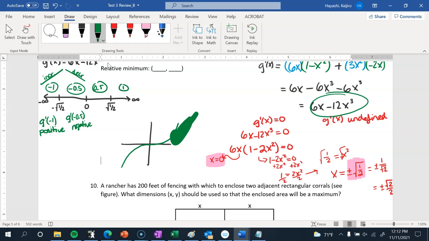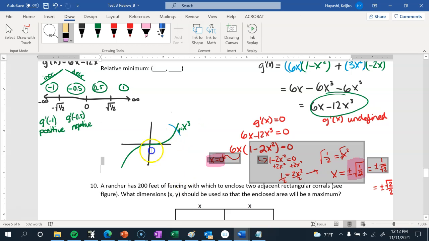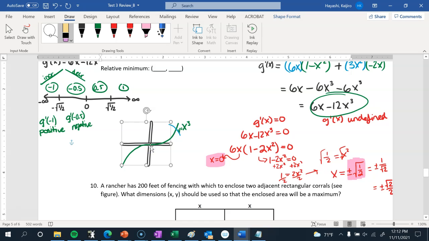That's okay. All right. I think it has to be fine erasing.